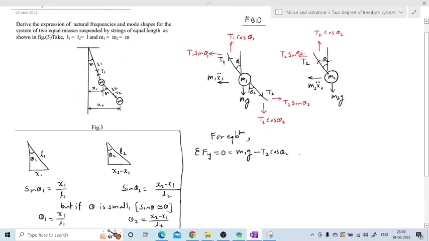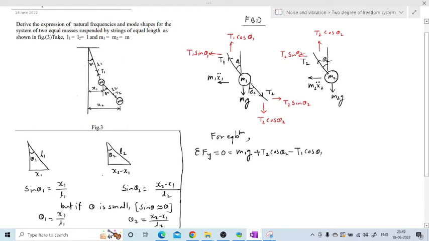Now T2 is positive, so T1 will be negative, T1 cos theta 1. We have only mg, T2 and T1, these are the three forces, considered in the y direction.